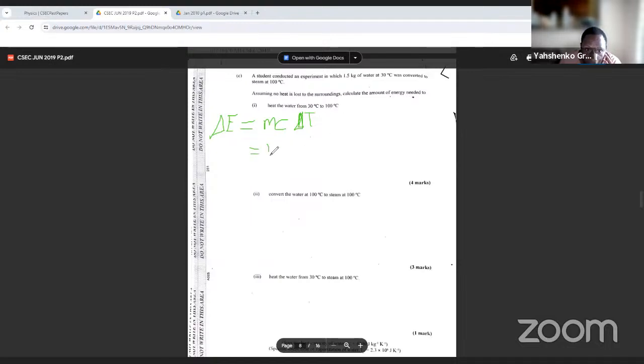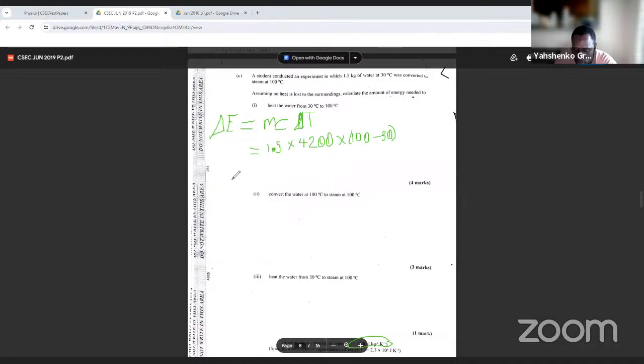So the mass is 1.5 kilogram. The specific heat capacity, as seen right here, is 4,200 joules for every kilogram for every Kelvin, timed by the temperature change. And the temperature change is 100 minus 30, from 30 to 100, which of course is going to work out to be 70.